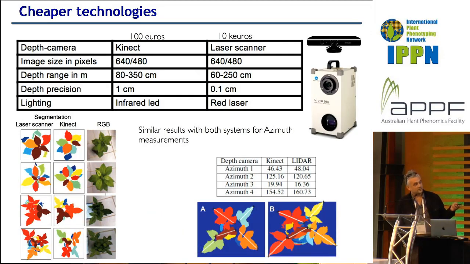Cheaper technologies: we made this comparison some 6 years ago already, comparing some very low-cost LiDAR sensor with higher cost, and illustrating that depending on the question, we could have almost the same quality of the measurement. For instance, segmentation of the top view leaves, or measurement of the angle of orientation of the top leaf along the main axis.